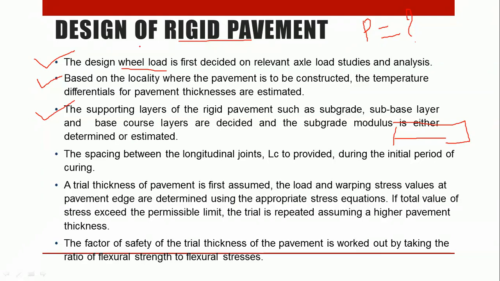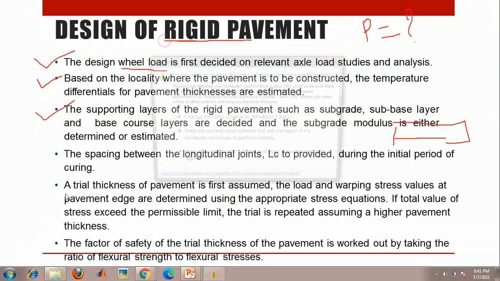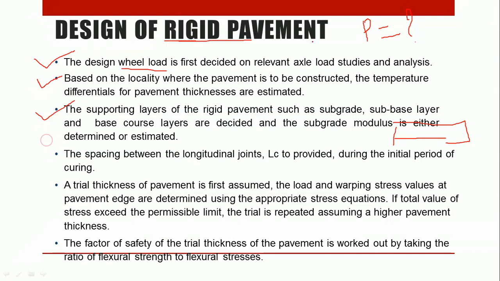And since we are dealing with rigid pavement, some joints will come. In flexible pavement there is no joint, so we construct the pavement surface continuously for the required length, which may be many kilometers. But in rigid pavement, there are contraction joints and transverse joints.